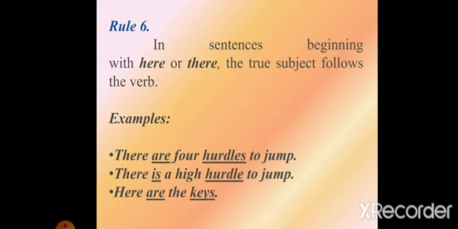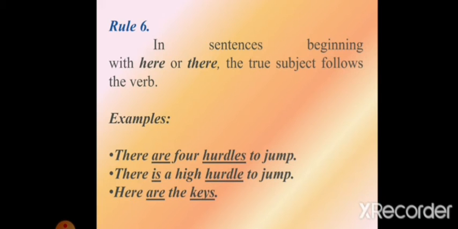For example, "There are 4 hurdles to jump." So there here is the introductory subject. See, hurdles is plural, so definitely the helping verb will be are. The verb has to agree with the plural subject, so that's why it will be in the plural form.